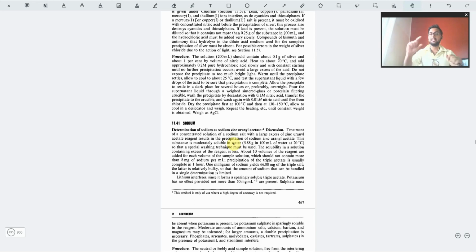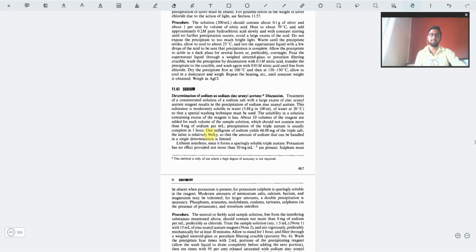Just a 10-gram bottle of zinc uranyl acetate probably costs about 20 to 25,000 Indian rupees. And obviously we had this in our graduation days, and our lab assistant didn't let us use it with our own hands, because it was very expensive.